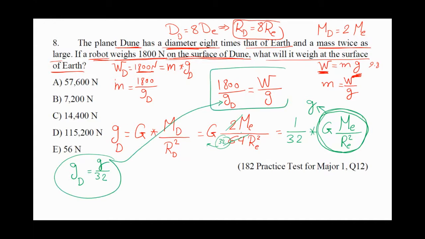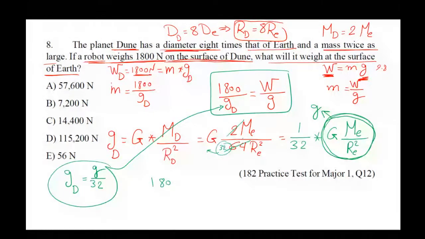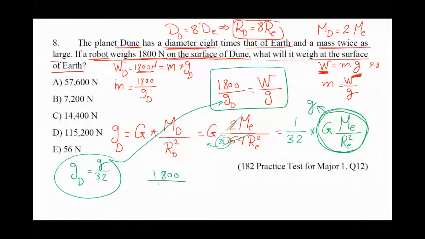Let's take this relation again and write it again. 1800 divided by GD, which is G over 32, equals W over G. Now instead of substituting G equals 9.8, we can remove this G with this G, it's easier. And this 32 is in the denominator of the denominator, so you can take it up.